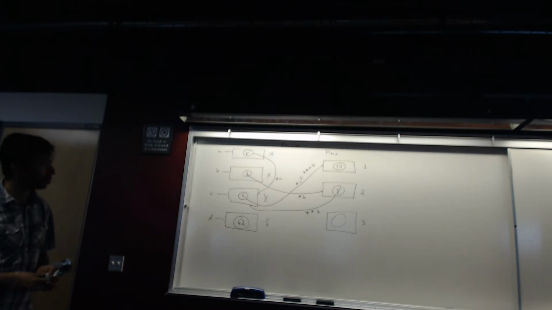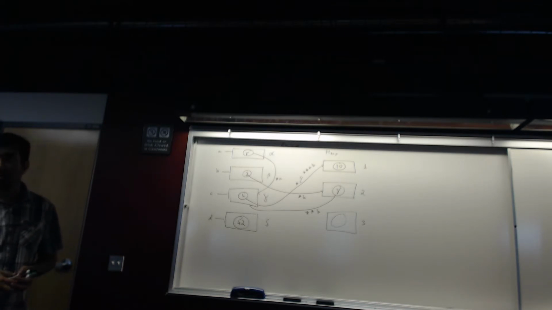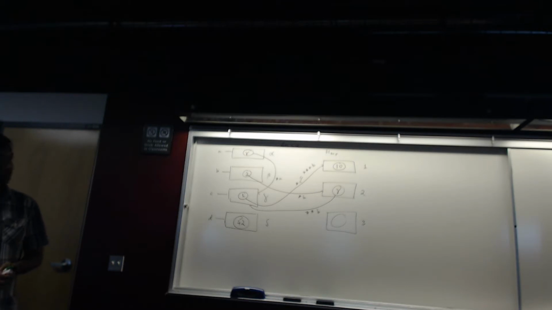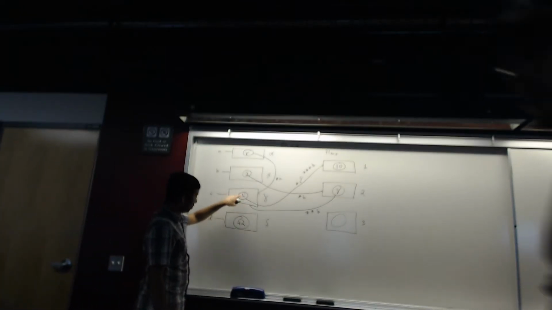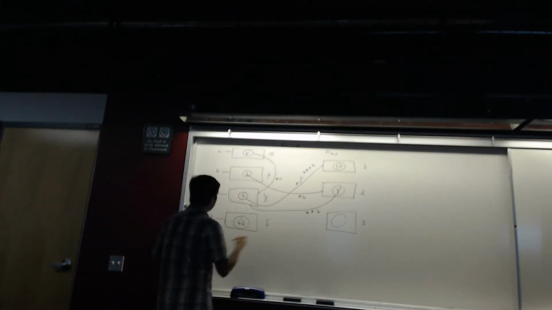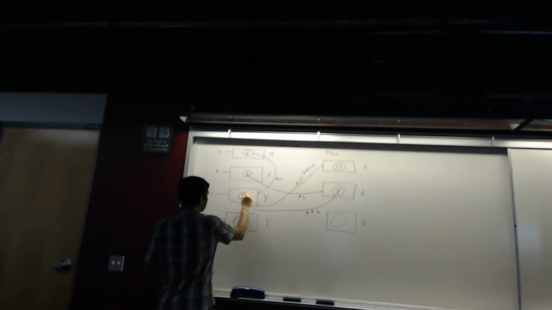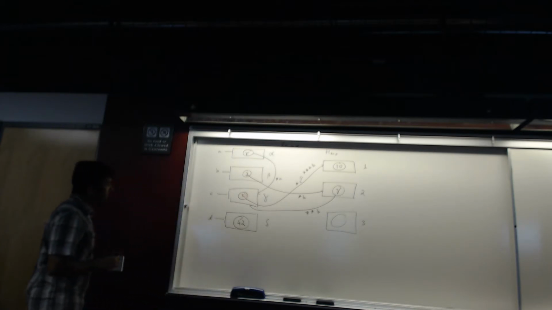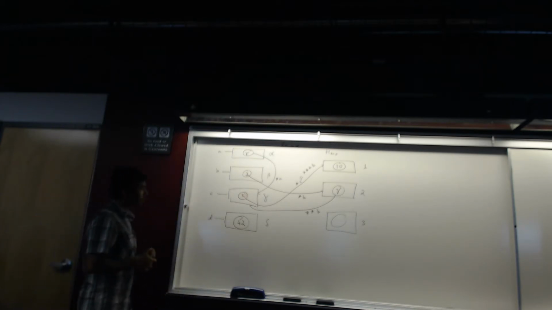So which one changes to 3? Value 2. The value in gamma or value in 2? Value in gamma, right? So star B points to this location. So this one switches from 2, it becomes 3. Now if it becomes 3, then what changes?